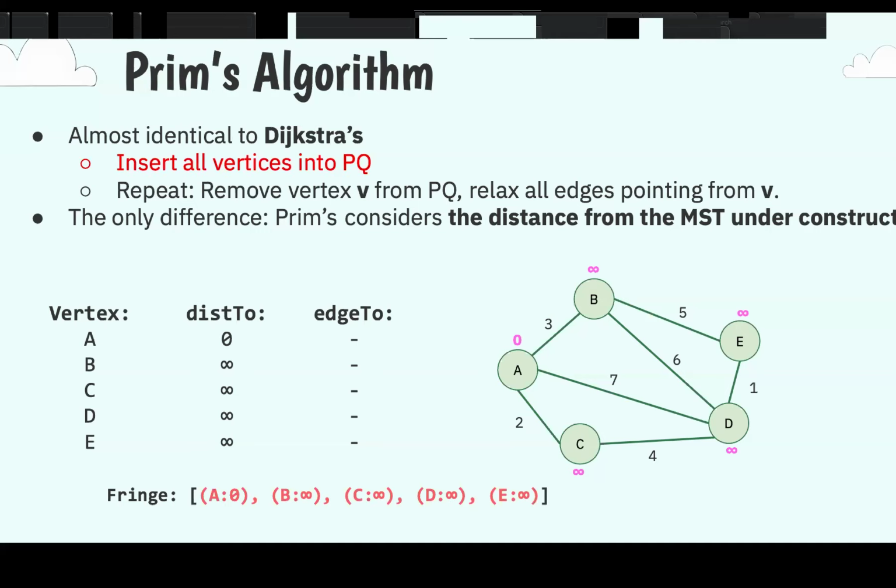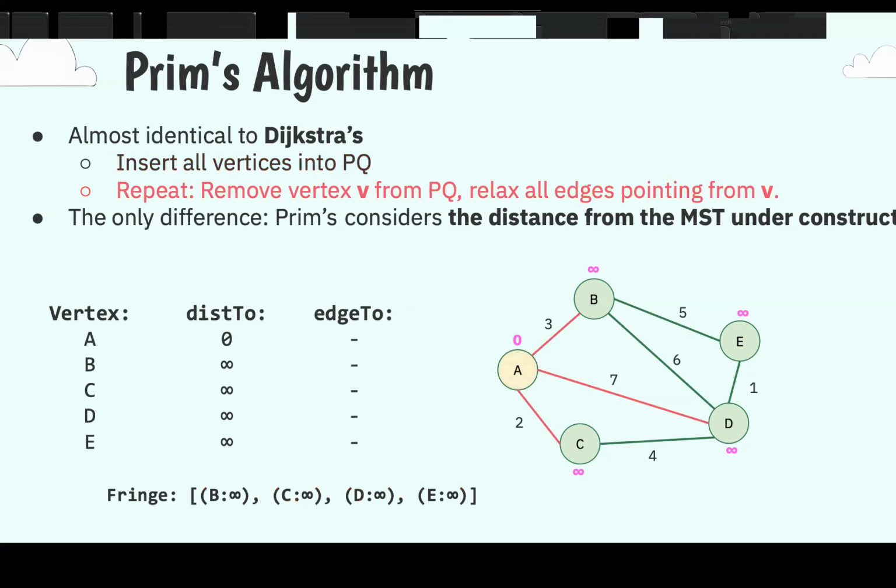The first thing we have to do is insert all the vertices into the priority queue, or the fringe. We're just going to arbitrarily start from vertex A, but you could start from any vertex. A's distance value is 0, and all the other vertices' distance values are infinity, and they get added into the fringe.